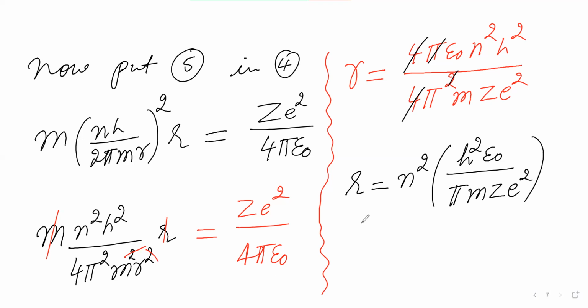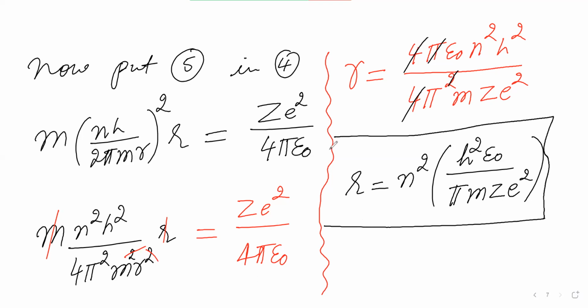Is it clear? Okay, this is the formula or expression for the radius of a stationary orbit.